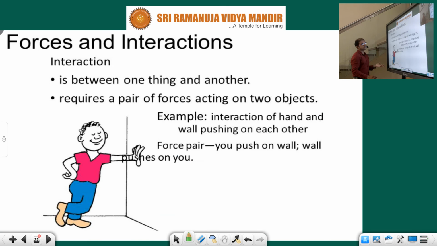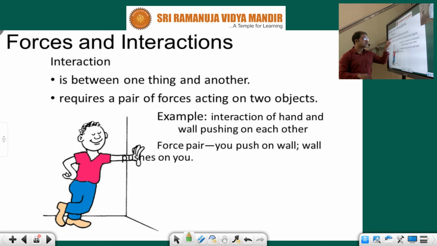Okay children, these things I covered in the previous class: forces and interaction. See children, interaction means there must be contact between two bodies. Suppose I want to move this boat, what should I do?